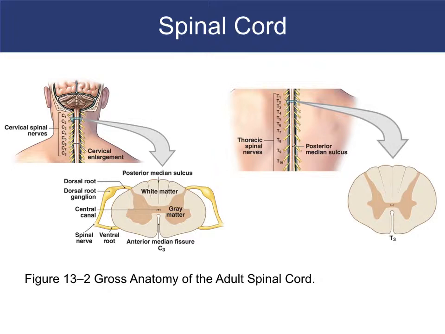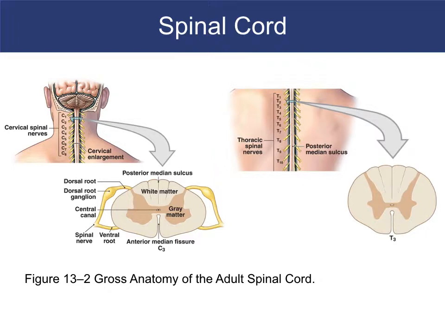In the center, there's a thing called the central canal. It's a little opening that actually is full of cerebrospinal fluid that connects all the way up to your brain. And then there's two sets of things coming out of it. The upper side, on the dorsal side, and this is the posterior side of the person, obviously, is the dorsal root.